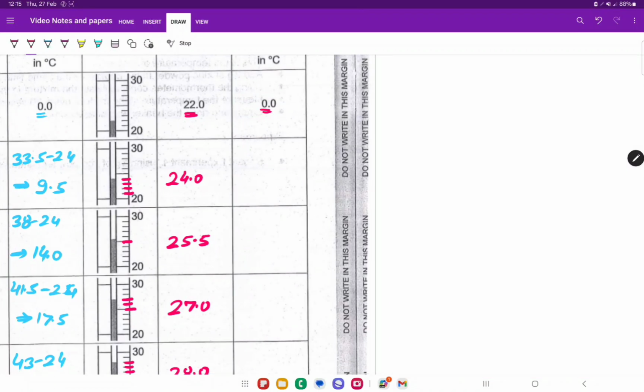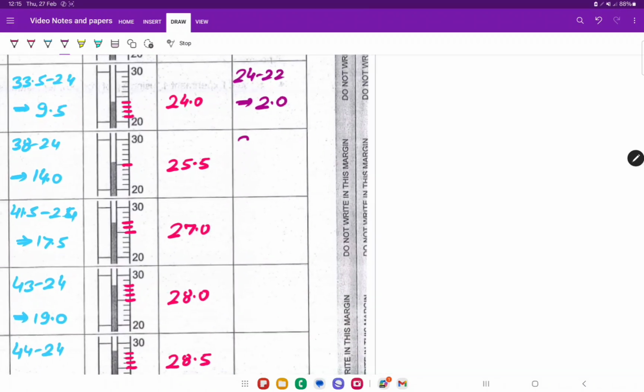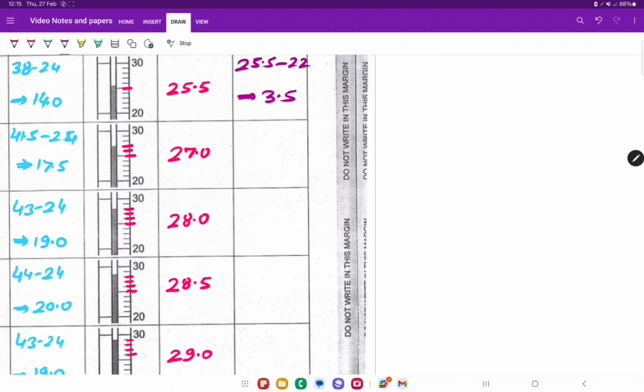Now the differences of the readings. 24 minus 22 equals 2.0. Next, 25.5 minus 22 equals 3.5. Next, 27 minus 22 equals 5.0.